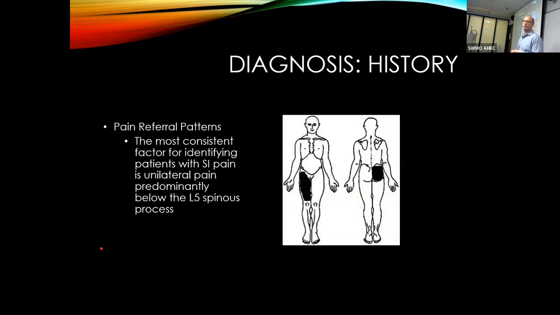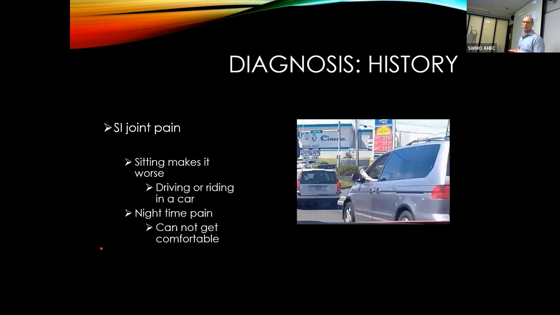Pain referral patterns for SI joint. It's front, it's back, it's down the leg, it's into the lateral calf. You don't necessarily think about that when a patient presents with that pattern, but it definitely needs to be in your differential. When you take a history for SI joint pain, one of the key factors is it's worse with sitting.